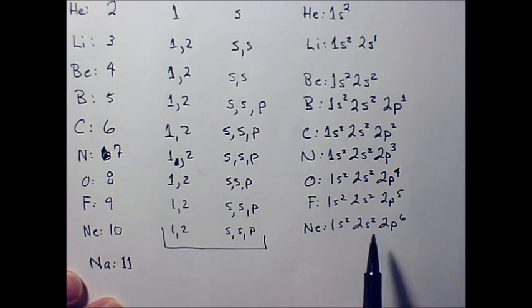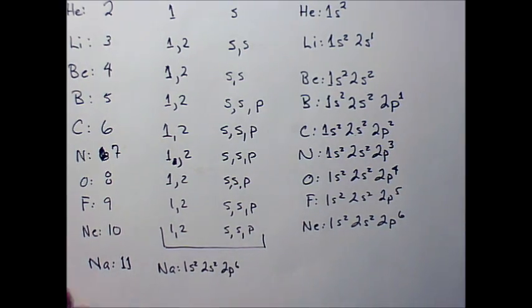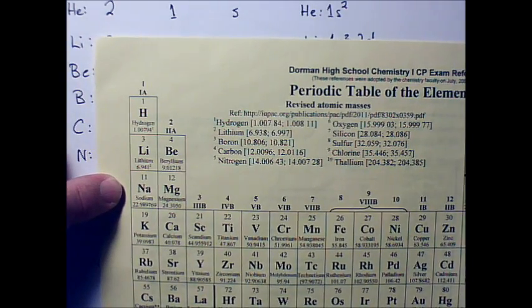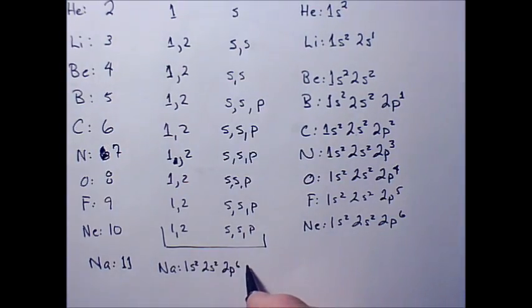Those electrons are going to stay there in every atom that follows. So for sodium, we're going to have 1s2, 2s2, and 2p6. Those stay there, but we're adding one more electron in sodium, and now we're in what primary energy level? Level 3. So this last electron is in 3.